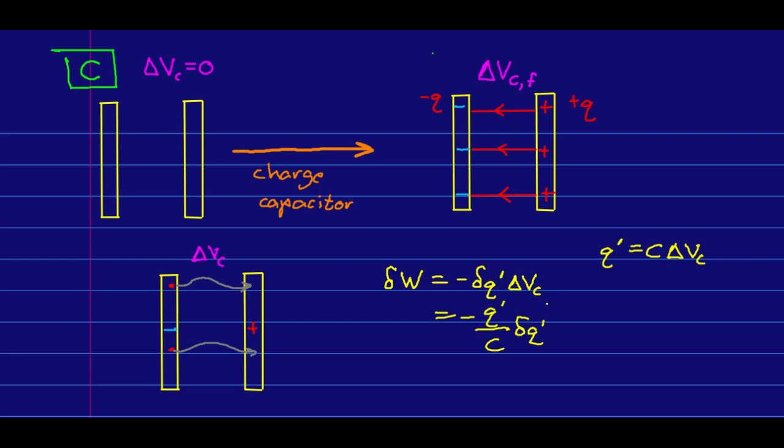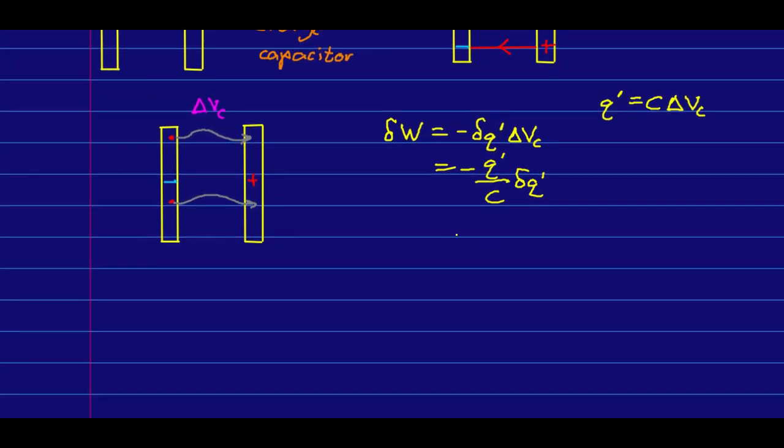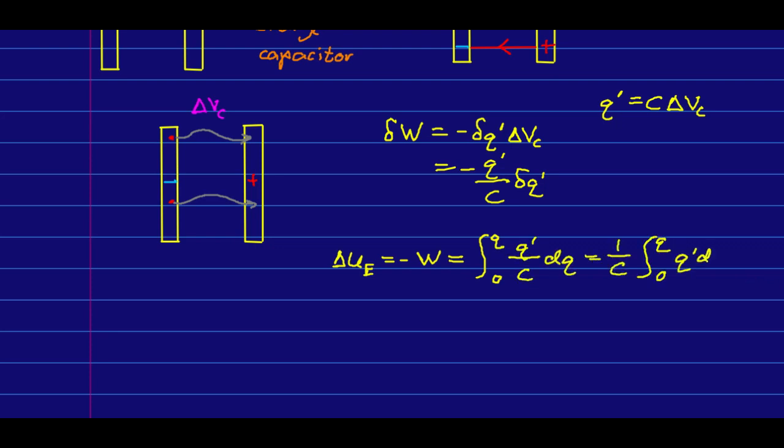Well, now we're going to sum all of that up to get the total work, although what we actually want is the change in potential energy, which is the negative of the electrostatic work. And so that gets rid of this negative sign, and we are going to have an integral from zero charge to the final amount Q. And that's rather easily done.